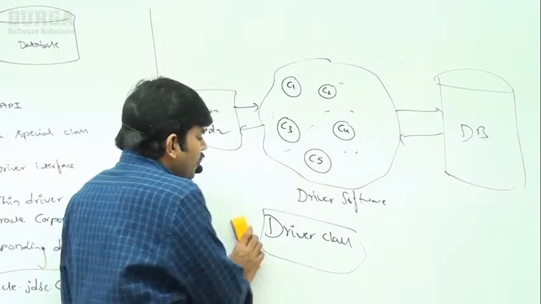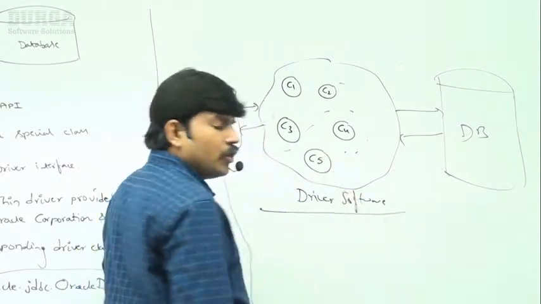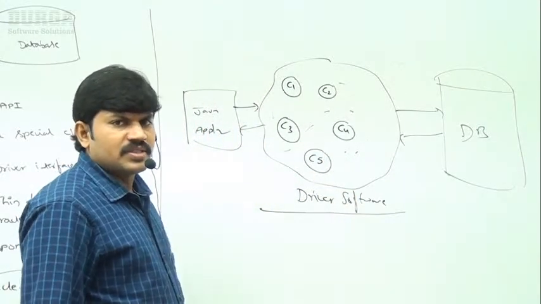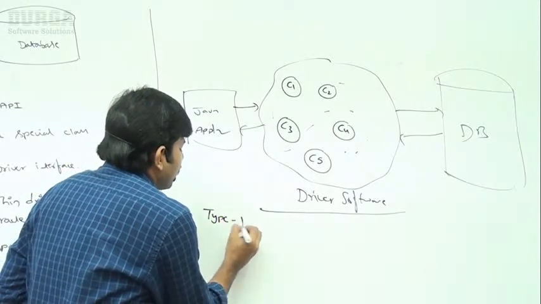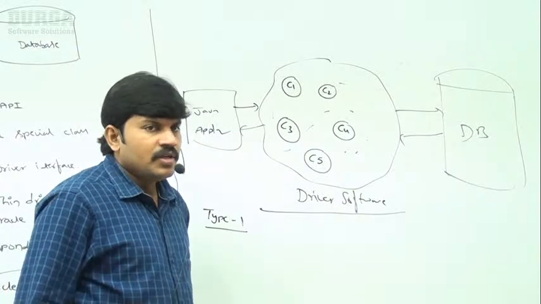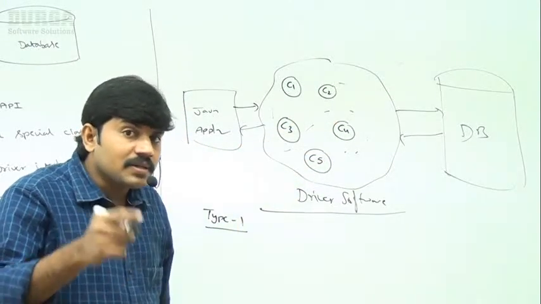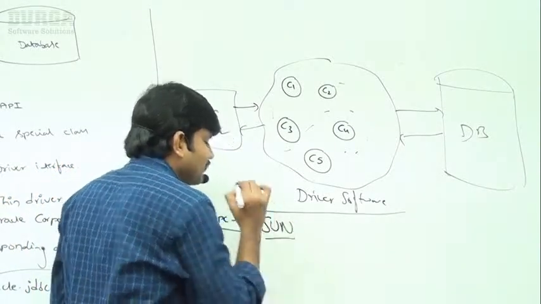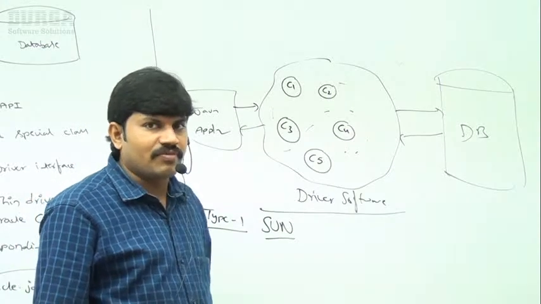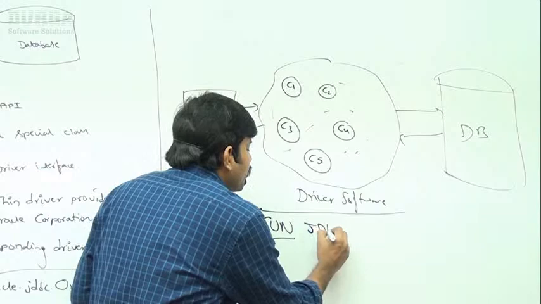Sir, if you want just a small example, I can tell. We are going to discuss it anyway in the next session, so don't worry. There is one driver, type 1 driver software. Type 1 driver software is provided by Sun Microsystems, the part of JDK only.